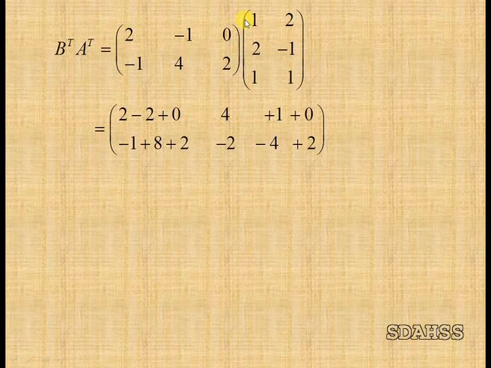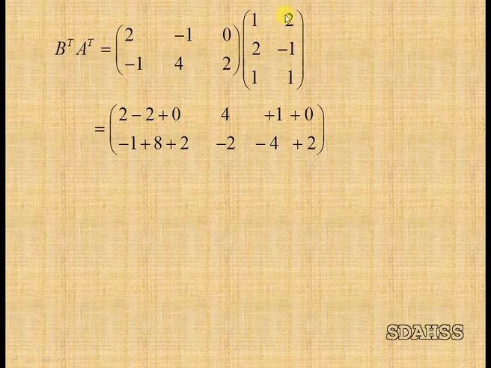Multiply the first row and the first column. So you have 2 into 1 is 2, minus 1 into 2 is minus 2, 0 into 1 is 0. Multiply the second row and the first column. So you have minus 1 into 1 is minus 1, plus 4 2s are 8, 2 into 1 is 2. Multiply the first row and the second column. So you have 2 into 2 is 4, minus 1 into minus 1 is plus 1, 0 into 1 is 0.